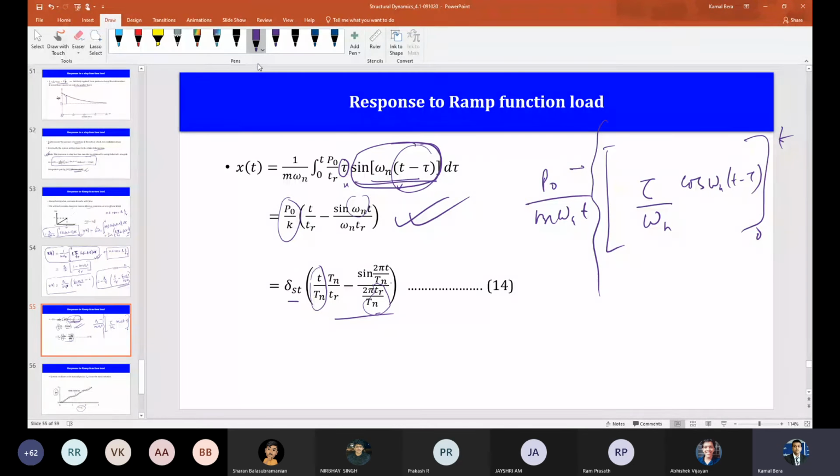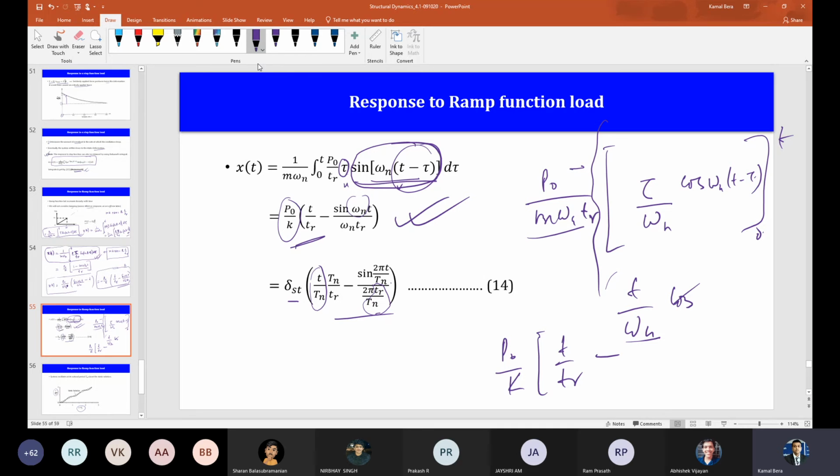If I put tau 0, this vanishes. If I put tau equal to t, that will be 1 by omega n times cosine 0, which is 1, so 1 by omega n. Correct? This is tr. So omega n K omega n square gives P naught by K, and then the bracket t by tr. So I already got the first part.